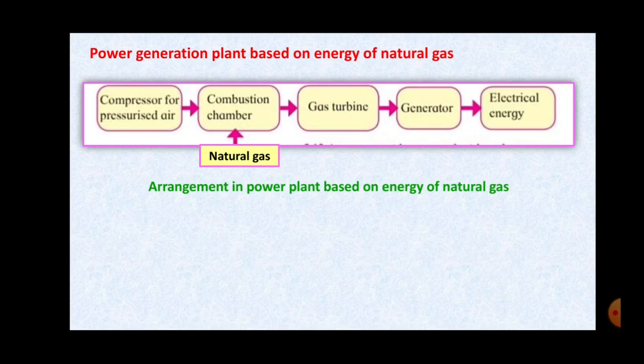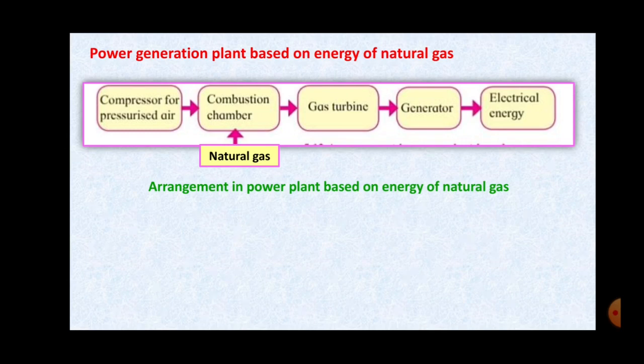So in this combustion chamber, the natural gas comes in contact with the air, and the gas at very high temperature and pressure is generated in this chamber, which starts running the turbine. Now this turbine drives the generator, and in turn the generator produces the electricity.